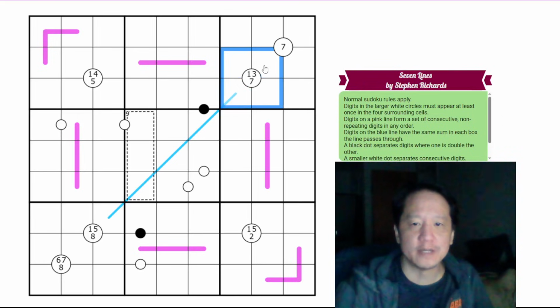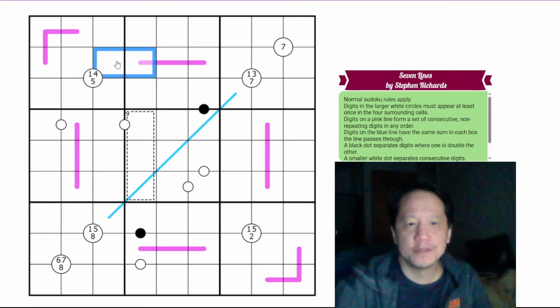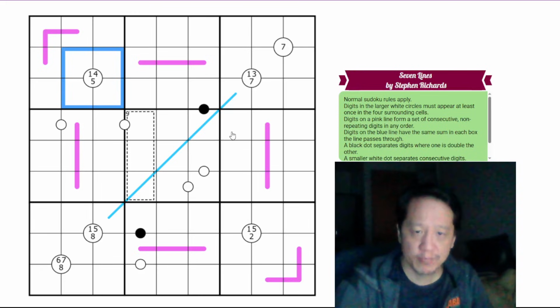So for example, 1, 3, and 7 must appear in the 4 surrounding cells around this circle, this quad circle, which is what we call them. And this circle must have a 1, a 4, and a 5 in the 4 surrounding cells around this quad circle. So those are examples of how quad circles work.